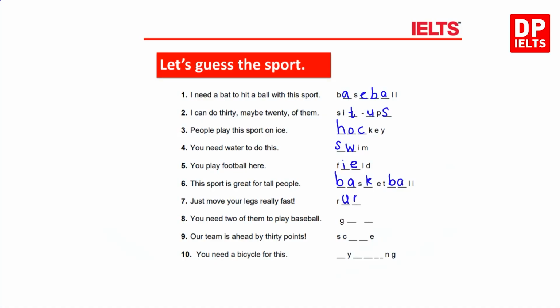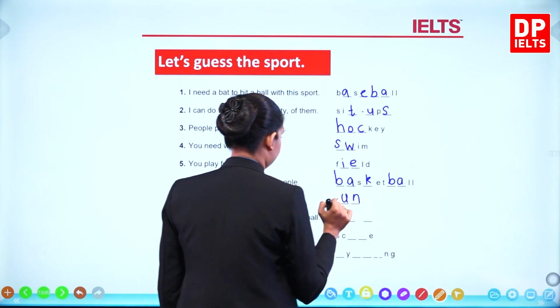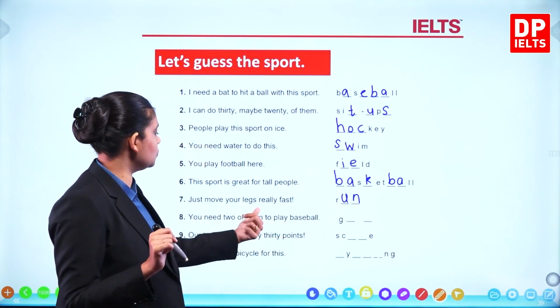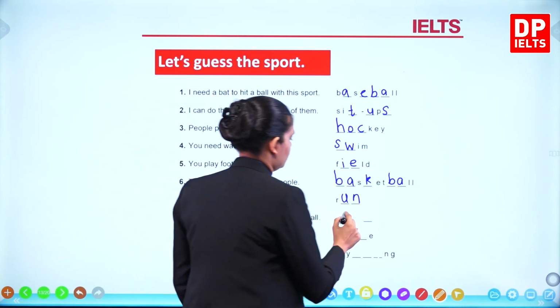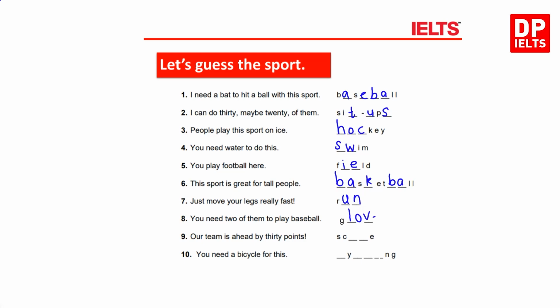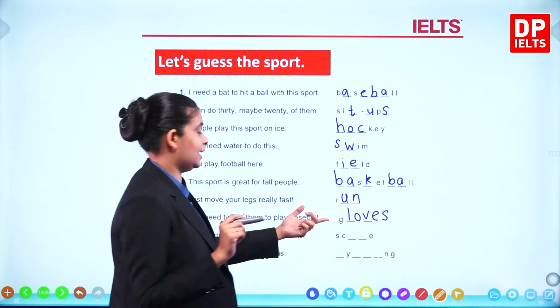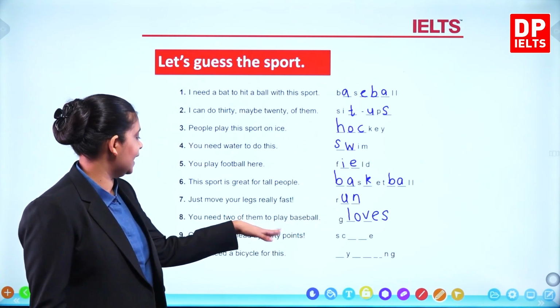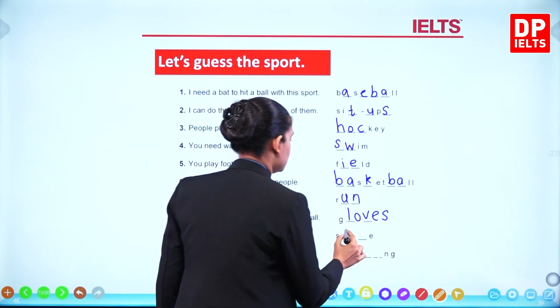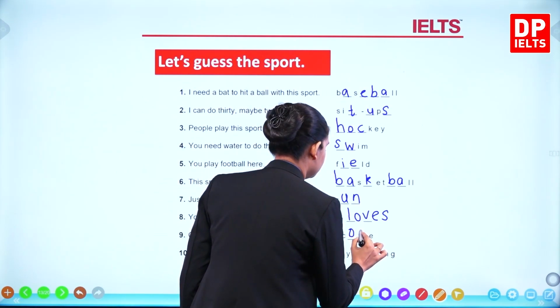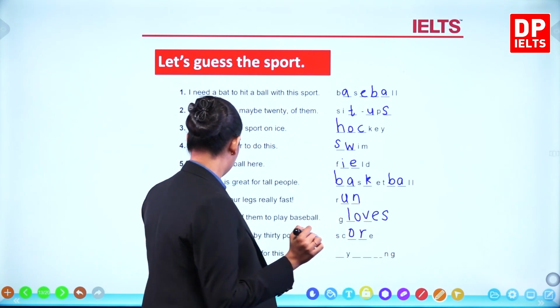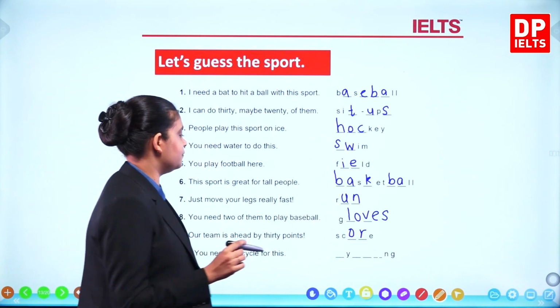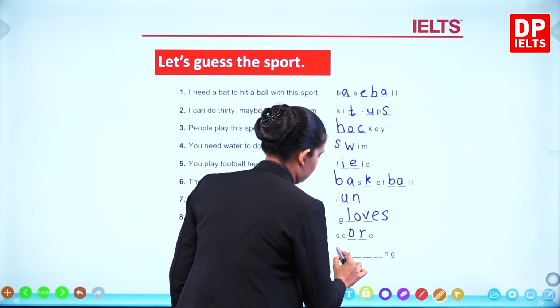You need two of them to play baseball. So you could have gloves. Okay. Or it's starting with G, so definitely gloves, right? Our team is ahead by 30 points. Score. You need a bicycle for this. Cycling.